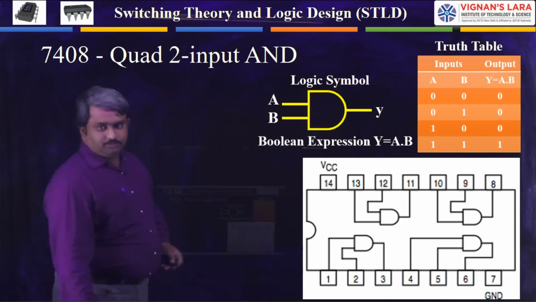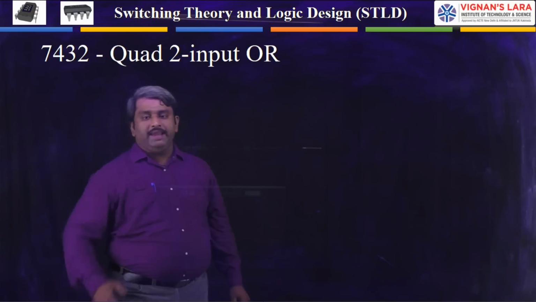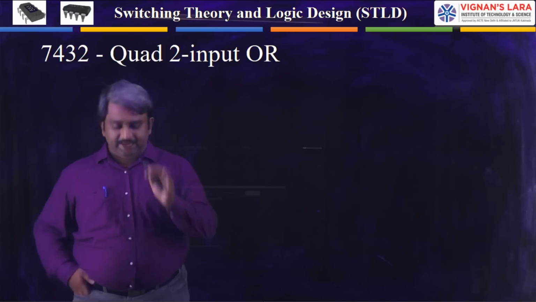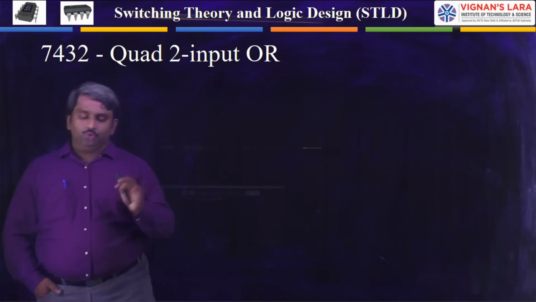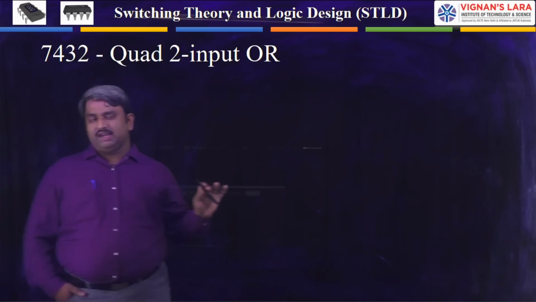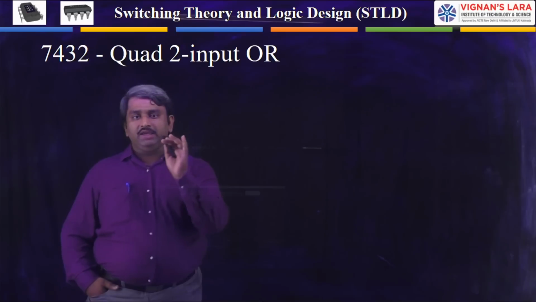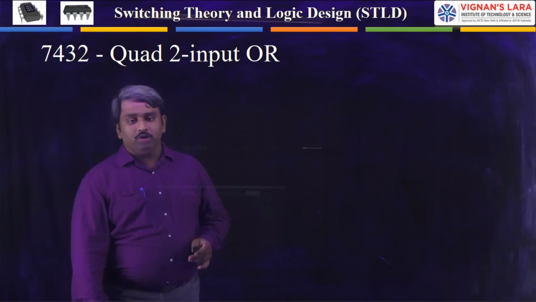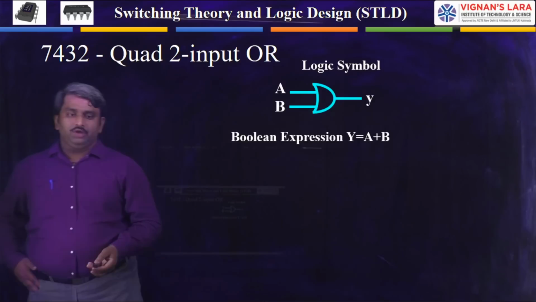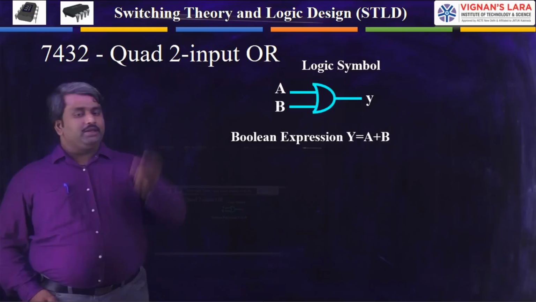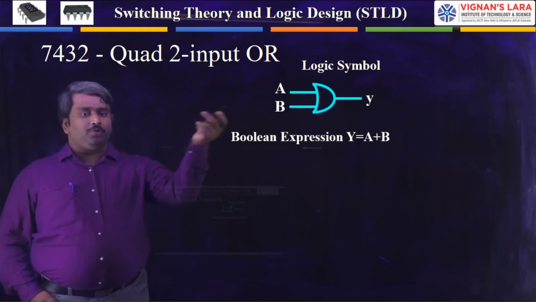Next, coming to IC7432. In this IC we have quad 2 input OR gates. 4 OR gates are available. These are 2 input OR gates. We know that this is the logic symbol of the OR gate, A input, B input and Y output.